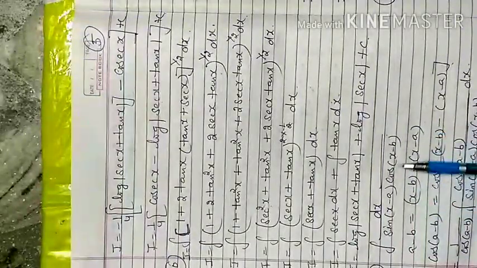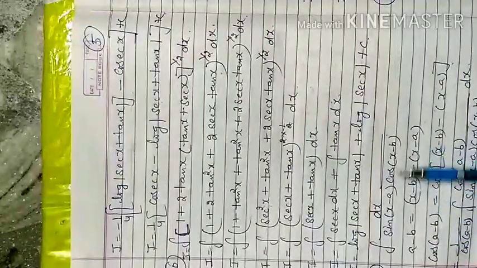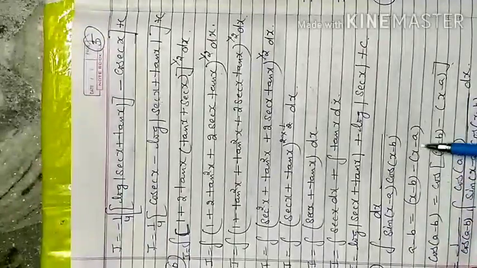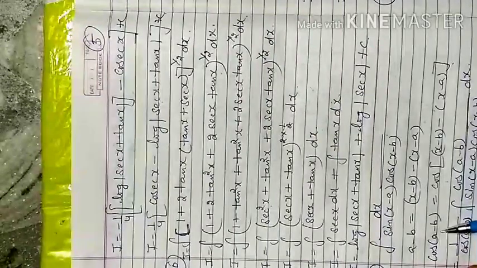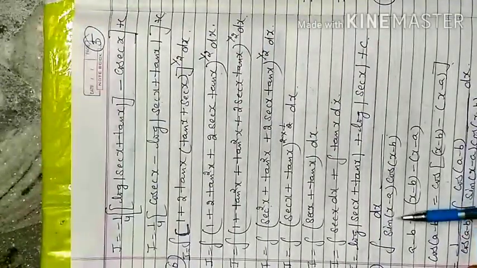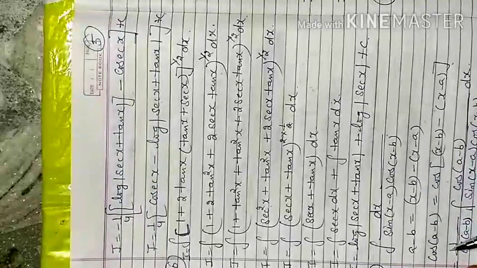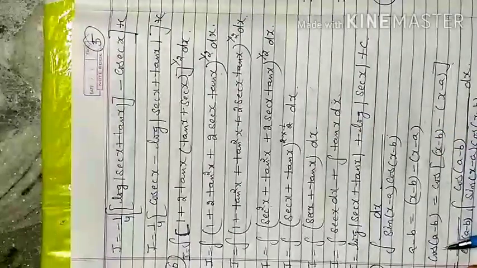Here opposite trigonometric terms are there, so first we arrange, because we have to adjust this angle in the numerator. So a minus b is equal to x minus b minus x minus a, then cos a minus b. Why do we take cos here instead of sine? Because there are opposite terms. For opposite terms we always go with cos, and for the same terms we go with sine.